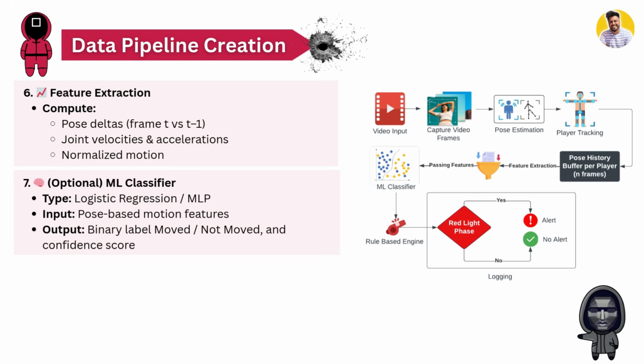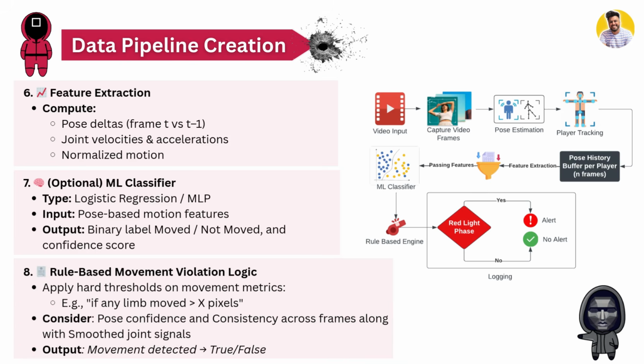And for the rule-based approach, we can apply a hard threshold on movement metrics. For example, if any limb moved by x pixels, consider the pose confidence and the consistency across frames with smoothed joint signals, and the output is movement detected, true or false.